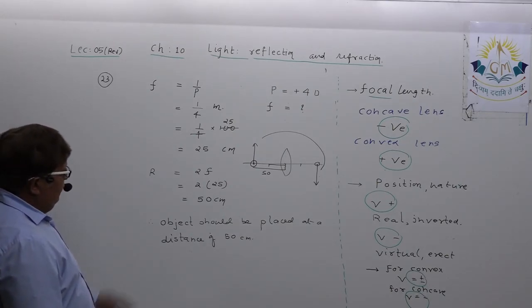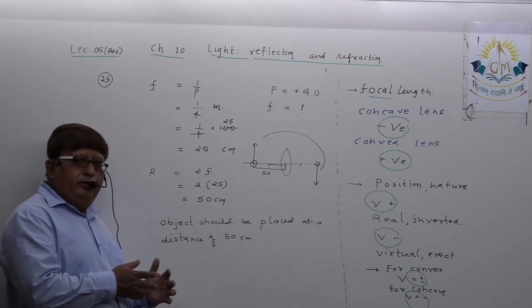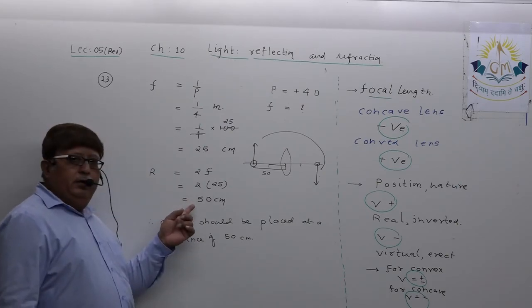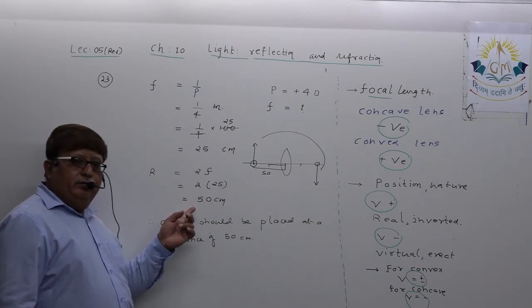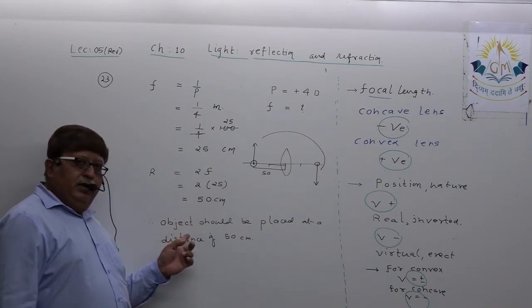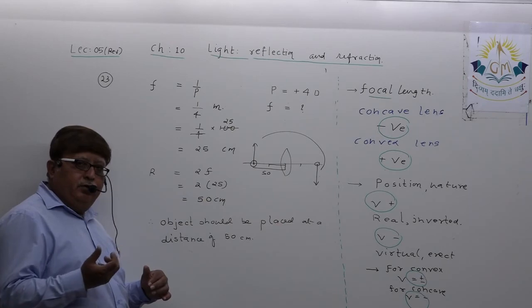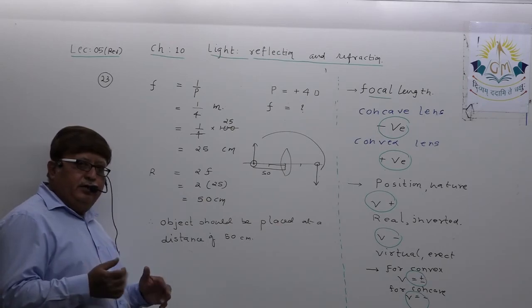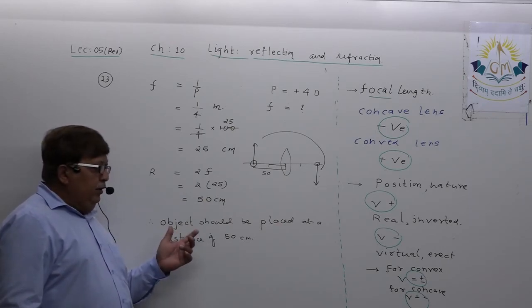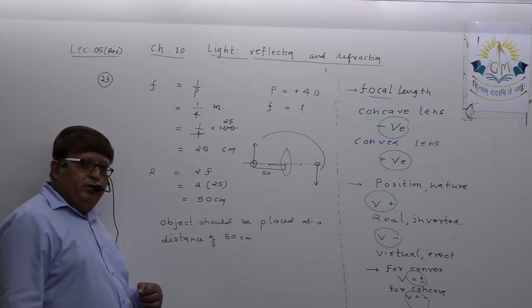Right. The same numerical, why you need to practice? You just need to twist it. Understand like this, that by keeping the object in front of the convex lens, we are getting a real inverted image of the same size as the object.